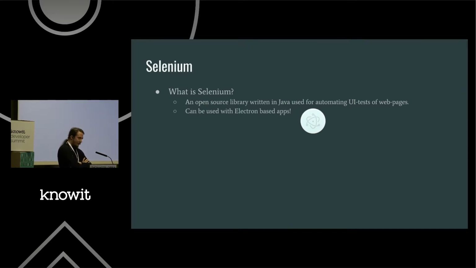And since Electron is based on Chrome, that means you can use it to automate a wide variety of many different applications. So, for example, Slack is an Electron application, which I'm sure you've heard of. So, in principle, you could use Selenium to automate interactions with Slack.